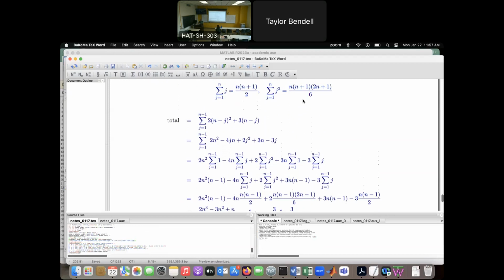If we were given a problem like this, they would be given to us, or they could be looked up. The formula for the similar sum of j cubed is, I think, this expression squared.